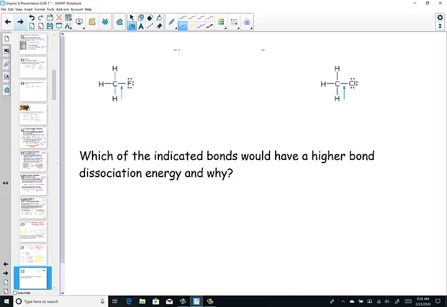Let's try to digest this one. We have to turn our page a little bit here and come up with a next question. Let me model one with you here. Which of those indicated bonds would have a higher bond dissociation energy and why? Well, as I look at the trend, I'm investigating a carbon to fluorine bond, and here I have a carbon to chlorine bond. Those are both halogens.